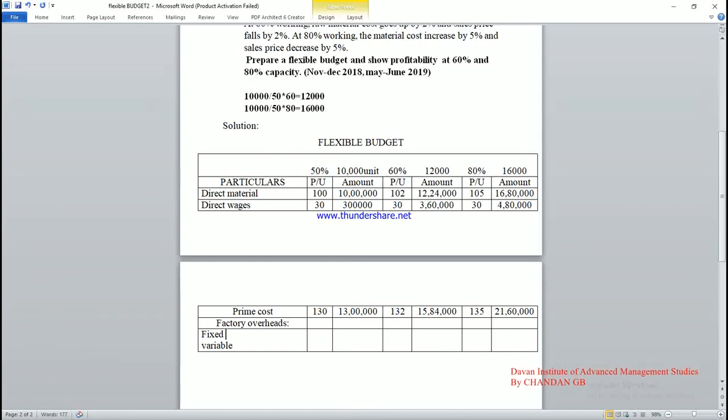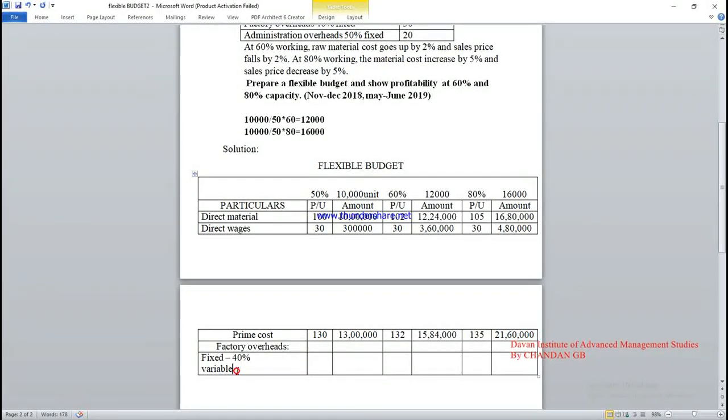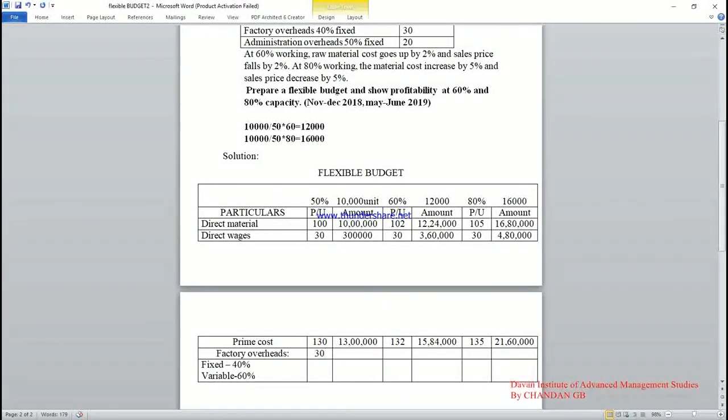See, check out. For fixed, they gave 40%. The remaining variable is 60%. The factory overheads amount is 30 rupees. So 30 into 40%, that is 12 rupees.